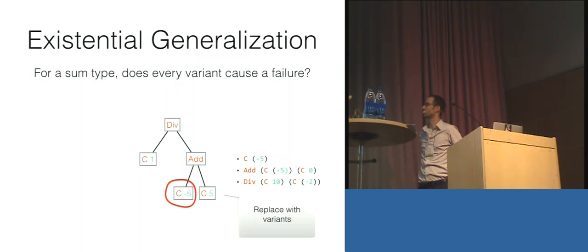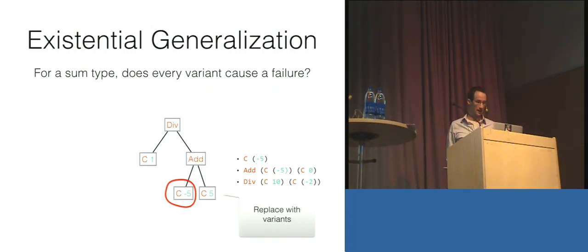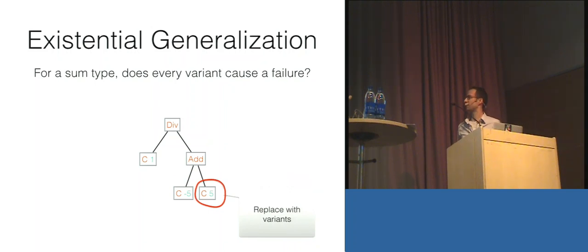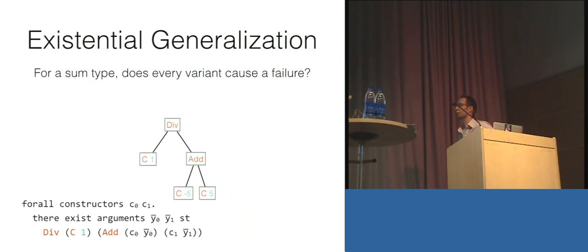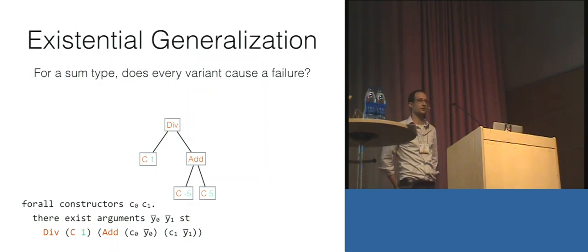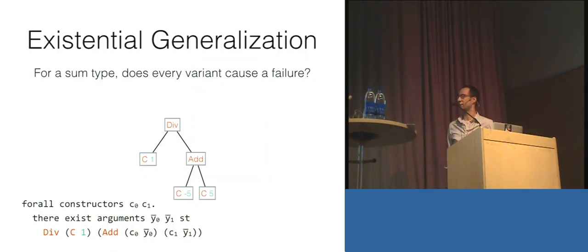So with constants, addition, division, they all evaluate here to -5, which causes the property to fail. And similarly, I can do this with this term as well. And so then we can generalize, again, in a different way, the original counterexample by saying that for any of the constructors, there's arguments that cause failure here.